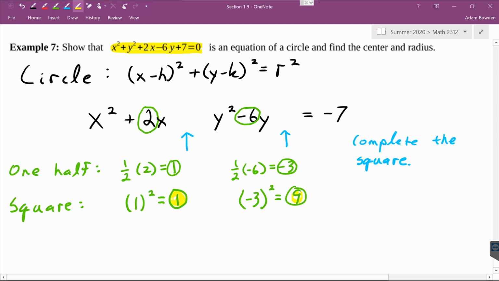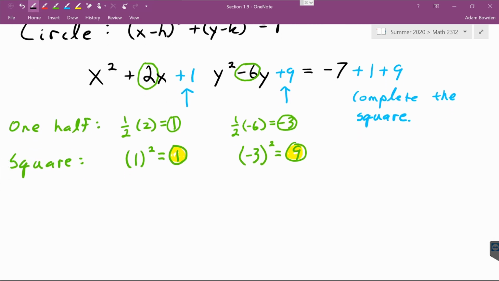So these are the numbers that I was trying to get to. I put those numbers up here in the equation as a plus 1 and a plus 9. Then I still have to put those on the other side of the equation as well, so plus 1, plus 9.